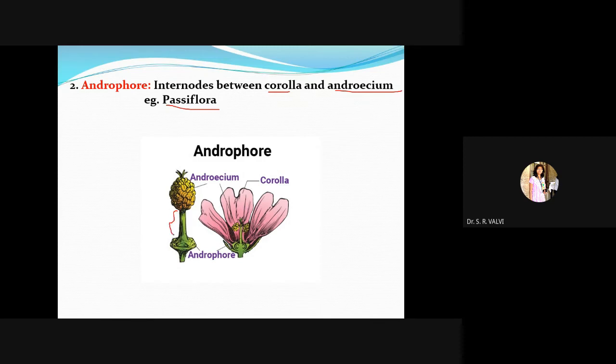So this is your androphore, right? All these are androecium, whatever you are observing here in the picture, right? And here as well as here in the bunch. So this particular portion is androphore, right? Or magnified over here, this part is androphore.